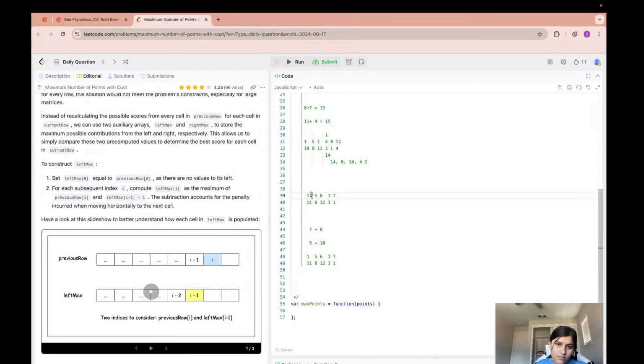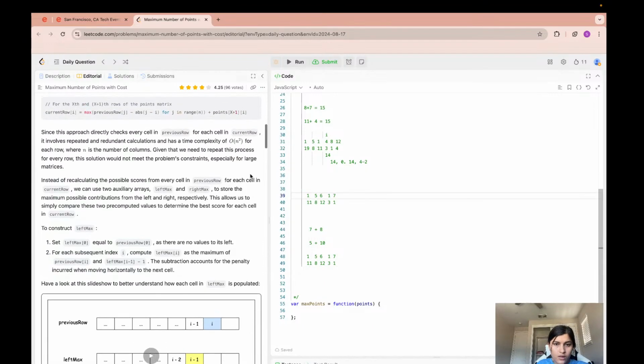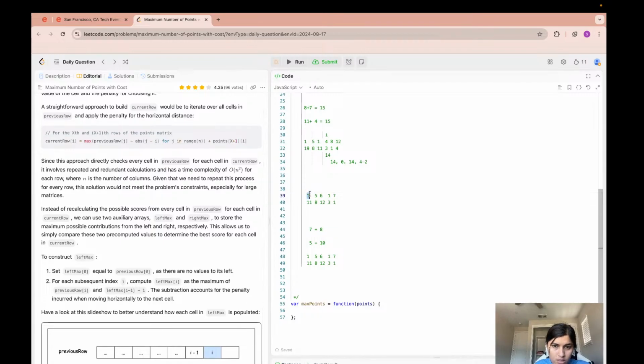For every point I can just start from 11. But my solution was not good. Instead of this, it looks like there's a better solution.